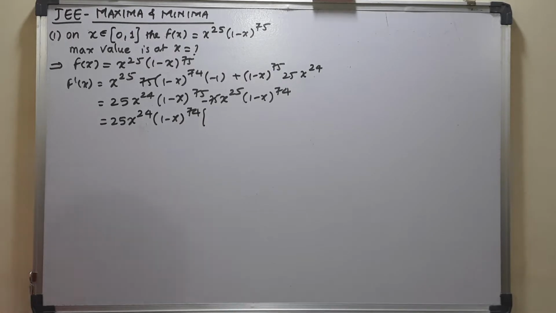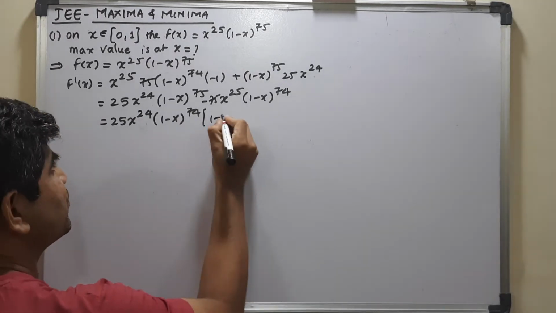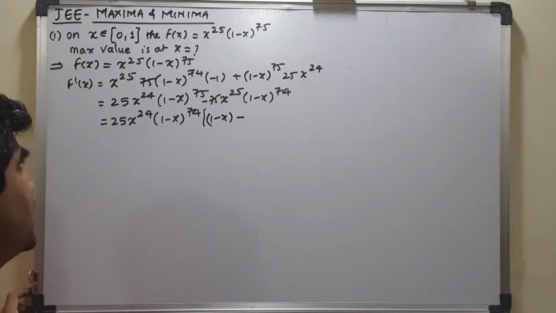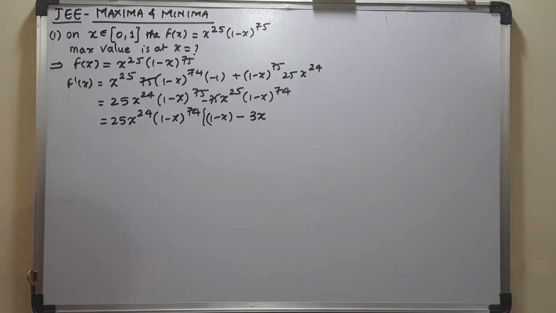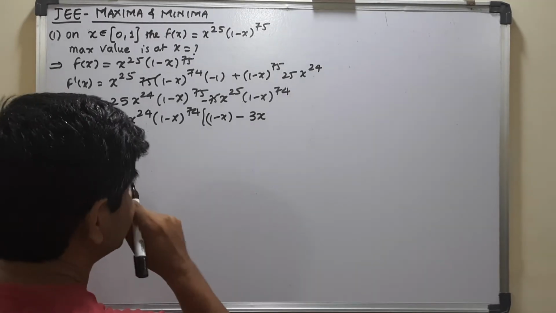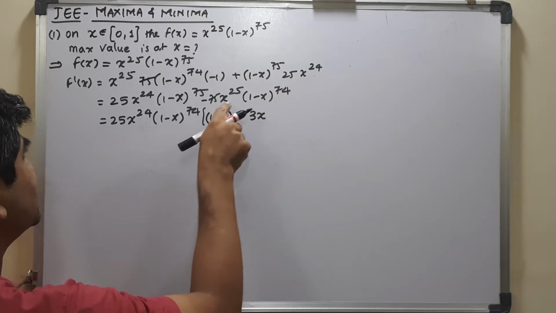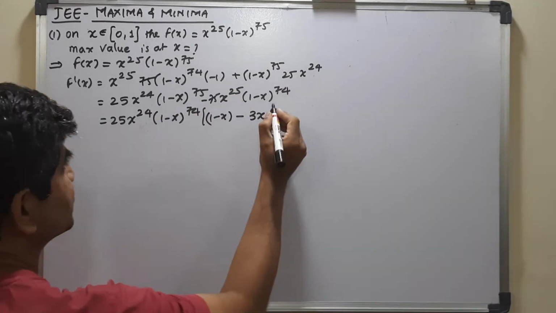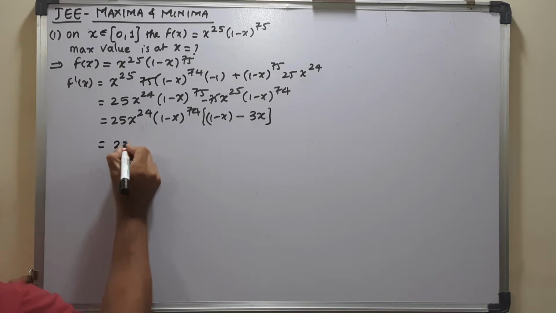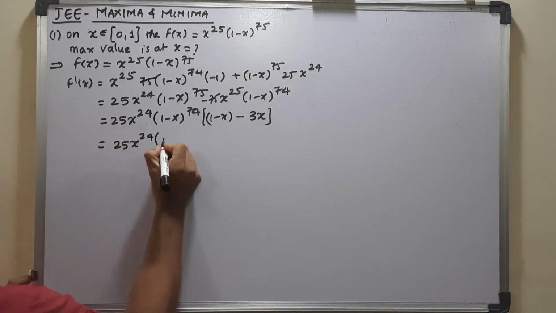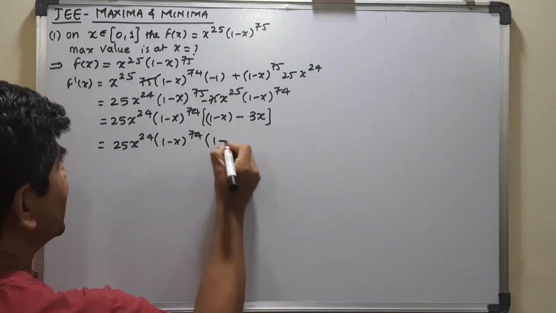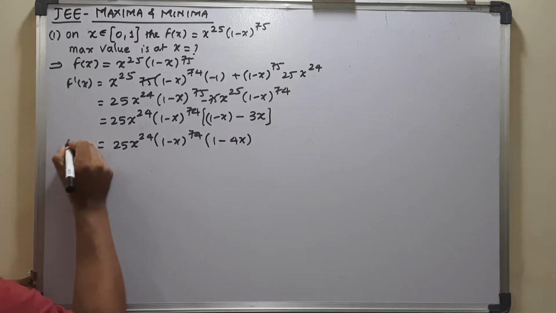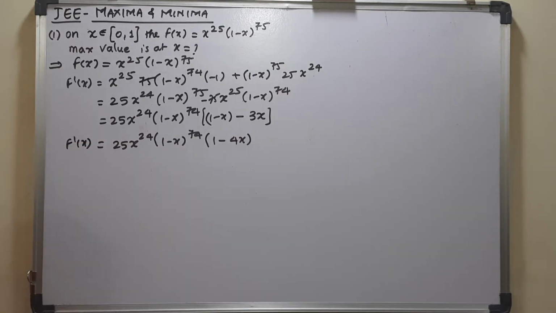What remains is 1 minus x from here, minus 3x remains, so 1 minus 4x in the bracket. So I get 25 x raised to 24, 1 minus x raised to 74 into 1 minus 4x. This is your f dash x.